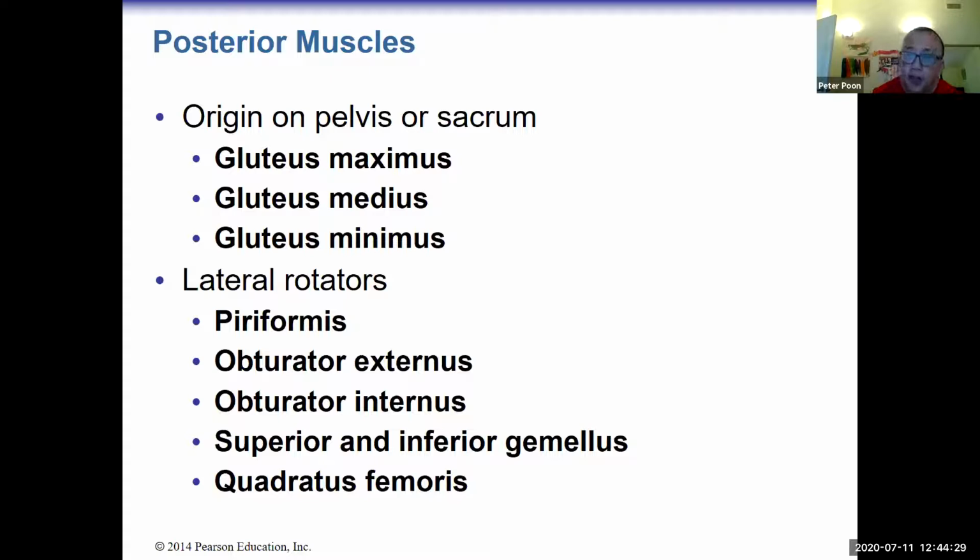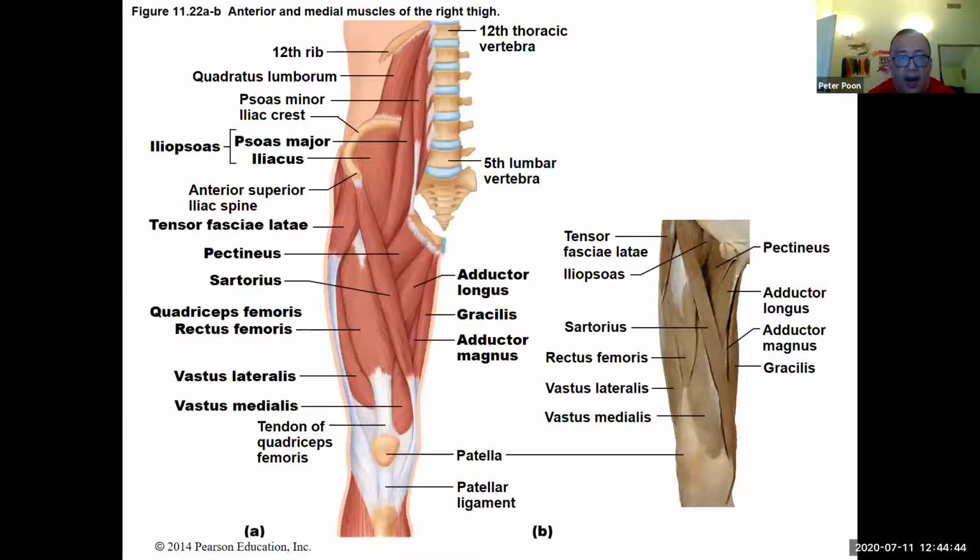So the muscles that are involved in flexion of the knee are the hamstrings. The muscles involved in extension of the knee are going to be the quadriceps, and you can see it over here. Rectus femoris, vastus lateralis, vastus medialis, and underneath all that is the vastus intermedius.